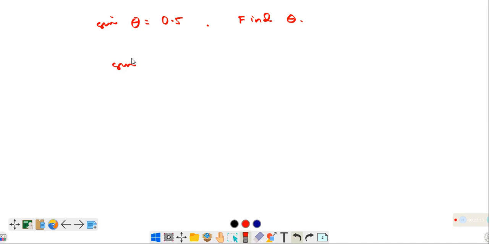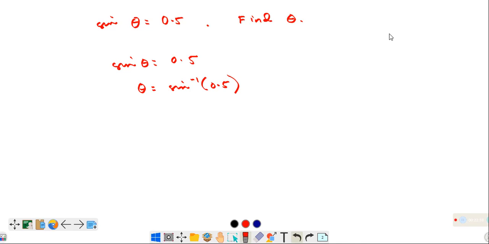Kung meron kang sine theta is equal to 0.5, this is equal to theta is equal to arc sine 0.5. Okay? Lilipat mo lang dito si sine sa kabila. But, of course, it should be arc sine. Meron na siyang exponent dito na negative 1.